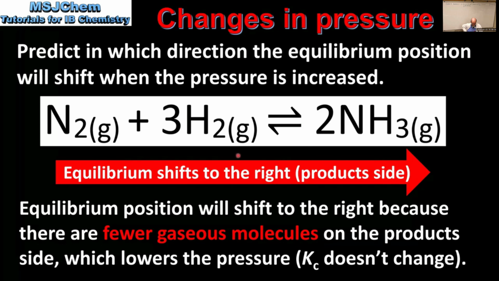As we saw earlier, there are fewer gaseous molecules on the product side of the equation. When the pressure is increased, the equilibrium position shifts to the side with fewer gaseous molecules, which has the effect of lowering the pressure of the system. Just like for changes in concentration, changes in pressure do not affect the value of the equilibrium constant Kc.